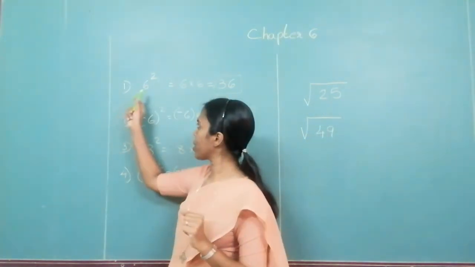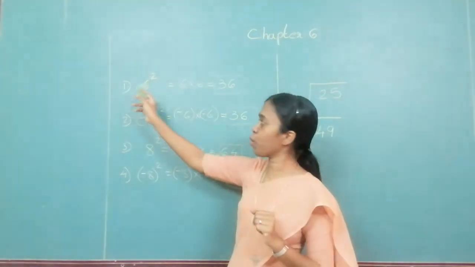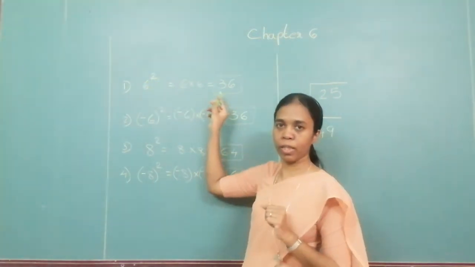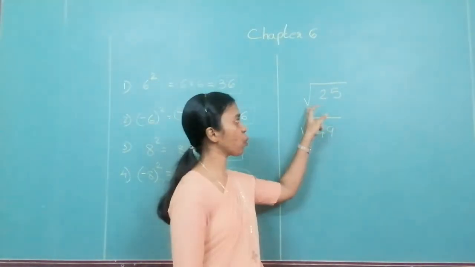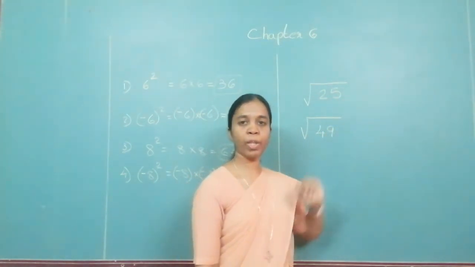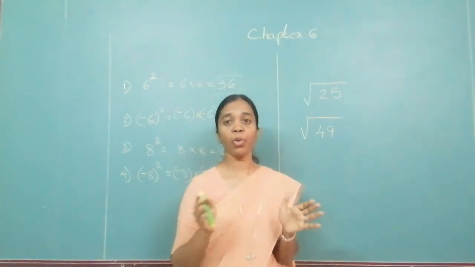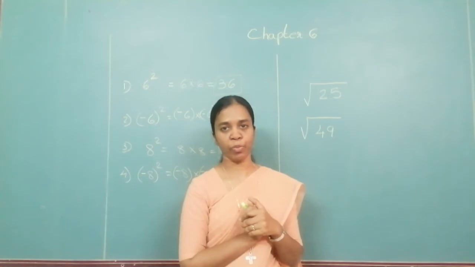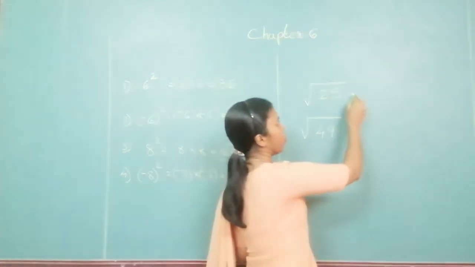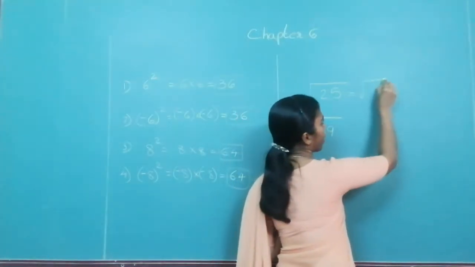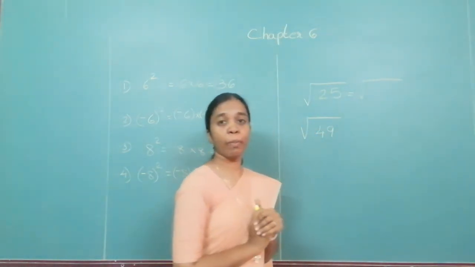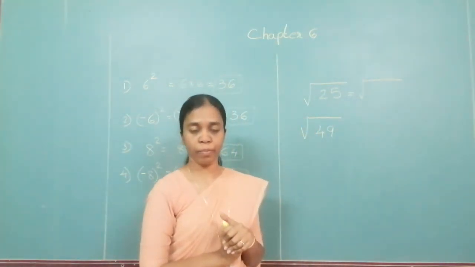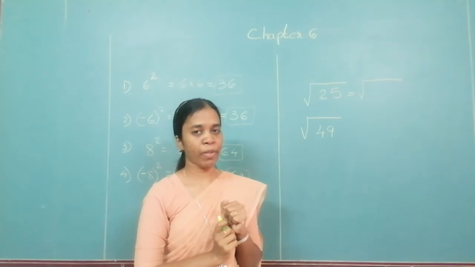How did you find here 6 square? What is the value of 6 square? 36, isn't it? Similarly, when we have square root of 25, we will have a particular value. How do we get that value? First we have to write the given number into its prime factors. I suppose you know how to find the prime factors.